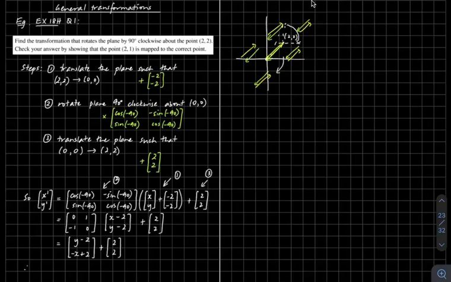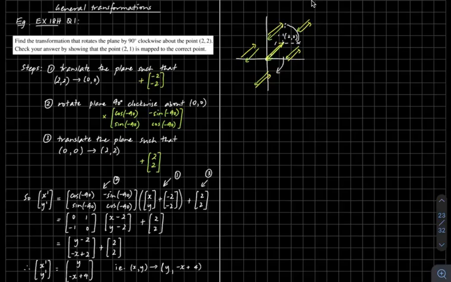So therefore, what do I get here? y minus 2 plus 2, which is just y, negative x plus 2 plus 2, which is negative x plus 4. Alright, so if I was to write this out as a rule, I'd have the point xy being transformed to the point y, and either negative x plus 4, or I could say 4 minus x, but I'll write negative x plus 4.